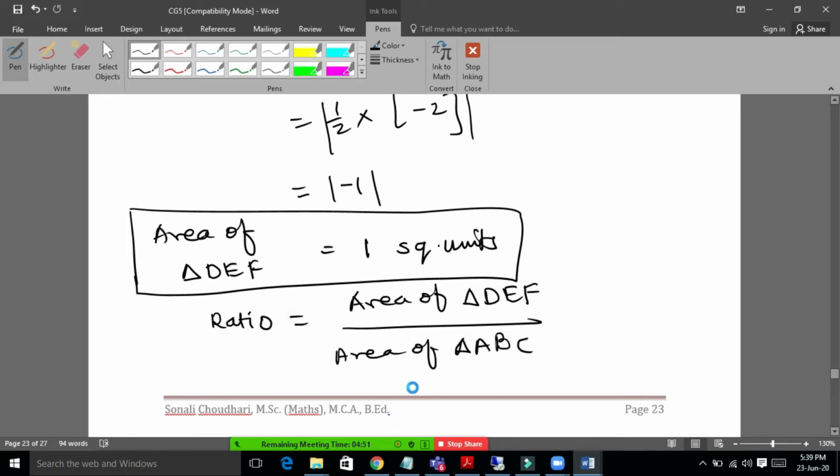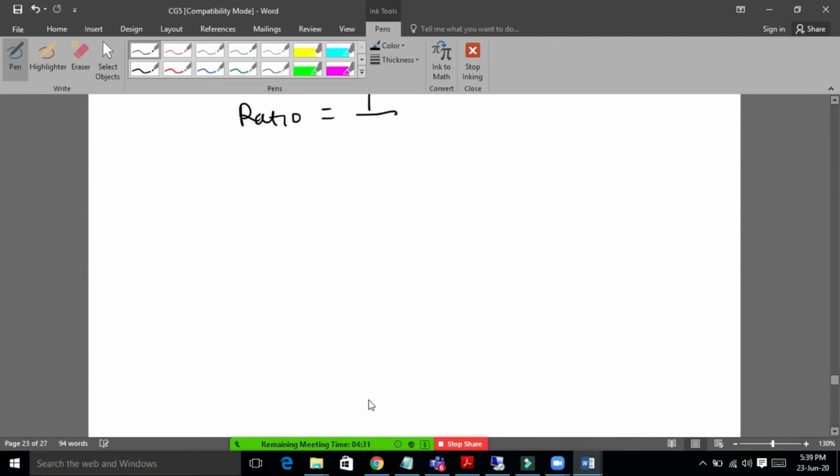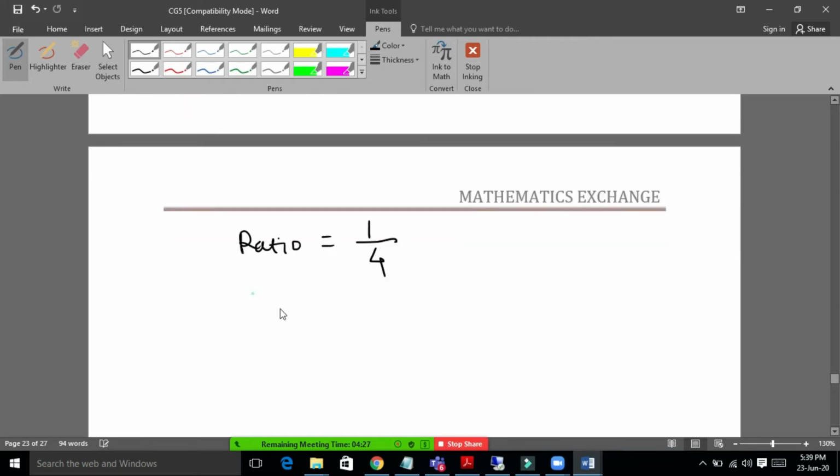Now we substitute values here. DEF is having value 1 upon ABC is having value 4. So 1 by 4. So the ratio is 1:4. So this is the final answer.